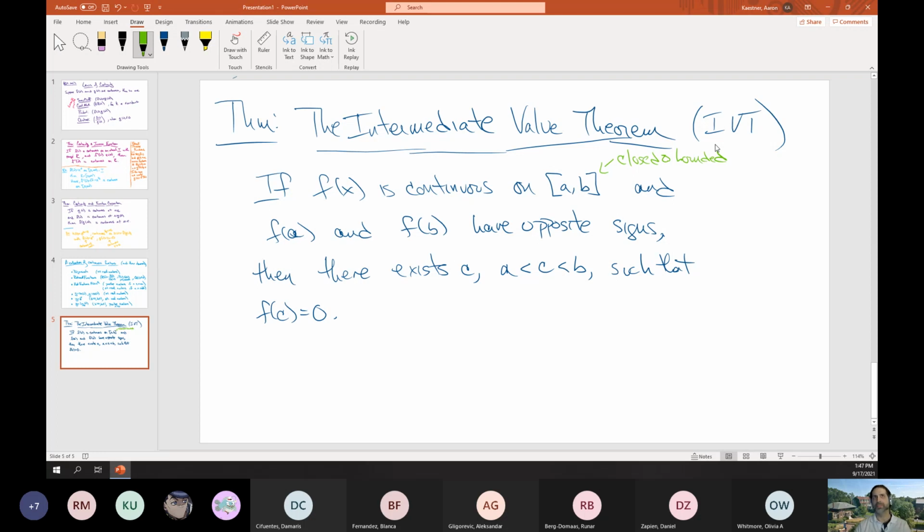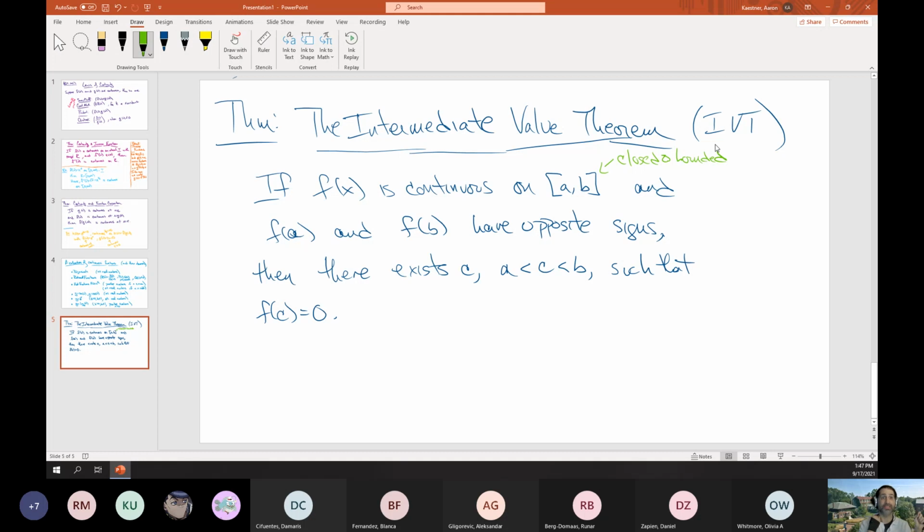As an endpoint of an interval, mathematically, infinity, and negative infinity similarly, is both open and closed. It has this mathematical property that we call clopen, meaning both open and closed. Here it needs to be closed and bounded, so it's just an interval that contains the endpoints, and those endpoints are real numbers.